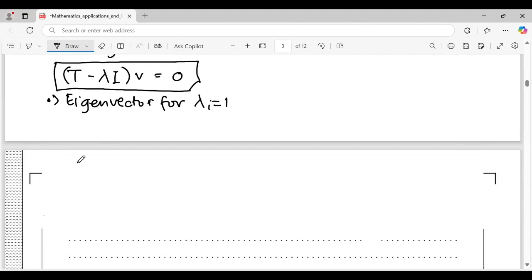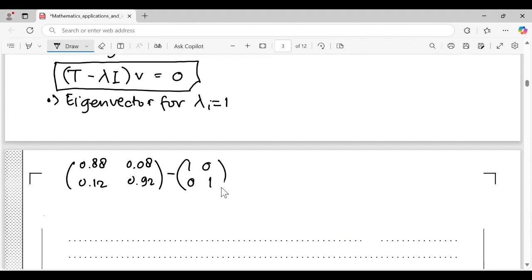If you substitute, T is this matrix 0.88, 0.12, 0.08, 0.92 minus lambda equal 1. Lambda times the identity matrix will be 1, 0, 0, 1.